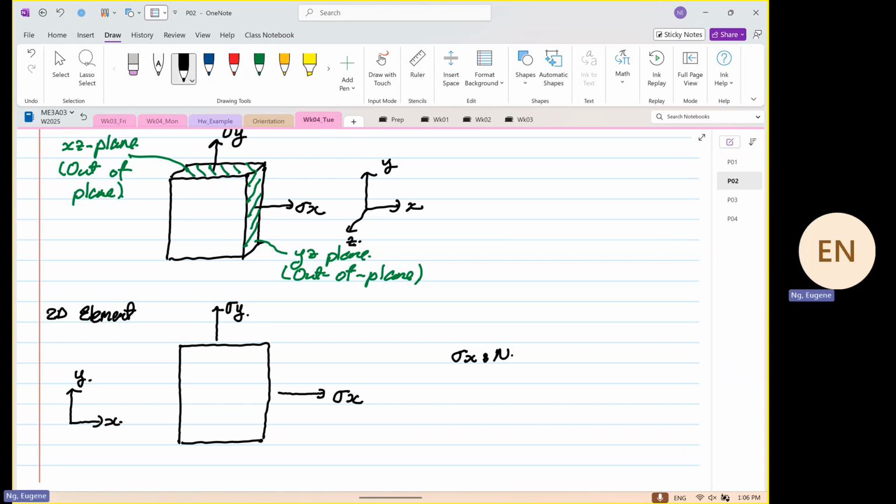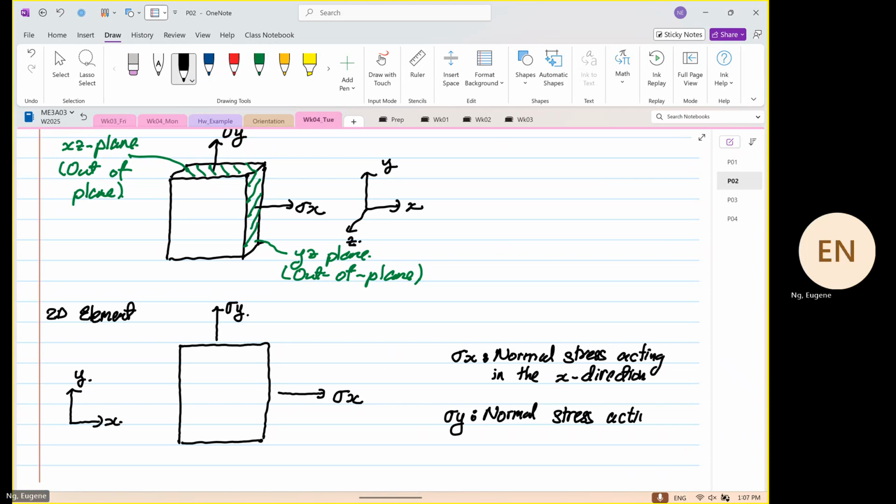Stress X denotes the normal stress acting in the X direction. Stress Y denotes the normal stress acting in the Y direction.